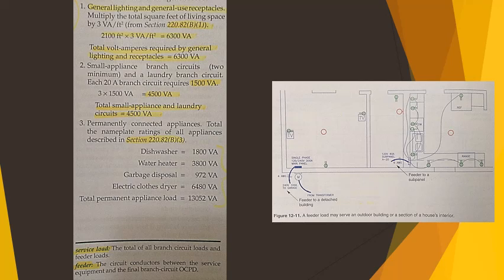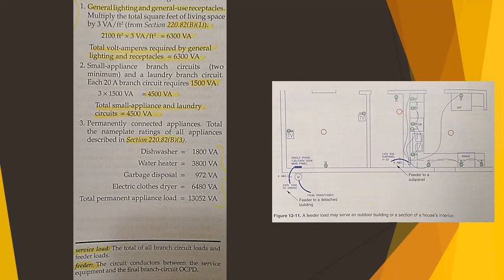In this case, we're looking at 2100 square feet times 3 VA per square foot, which gives us 6300 VA. The total volt-amperes required by general lighting and receptacles is 6300 VA for this instance.